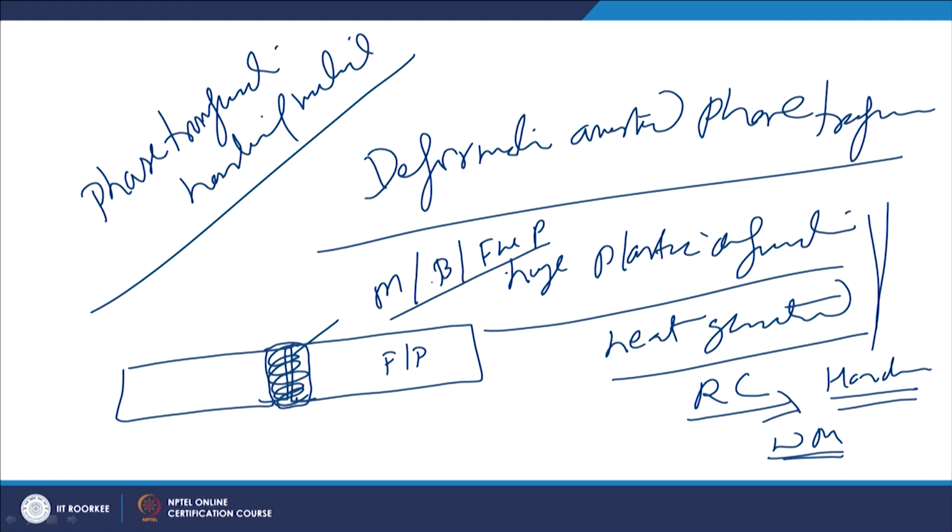If we check the hardness distribution across the weld interface, we will notice that the base metal hardness is low, but as soon as we come across the weld zone, the hardness increases suddenly and then again comes down.